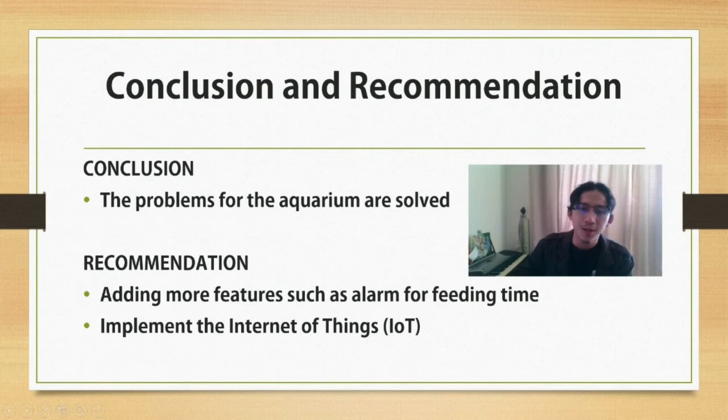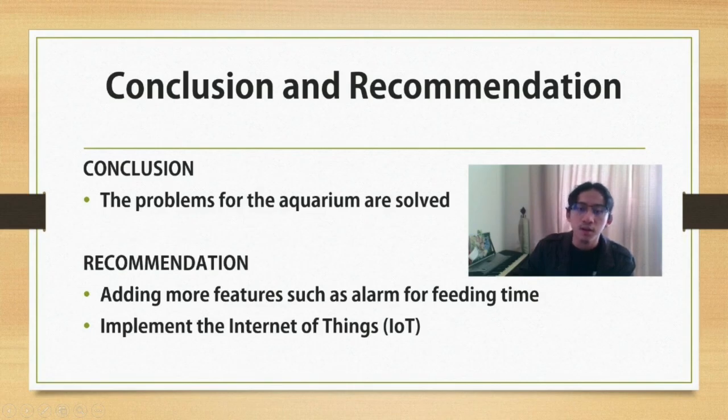In conclusion, our project has solved the problem that we stated before, which is the overuse of electricity for the aquarium light and the difficulty of feeding the fish from a distance.